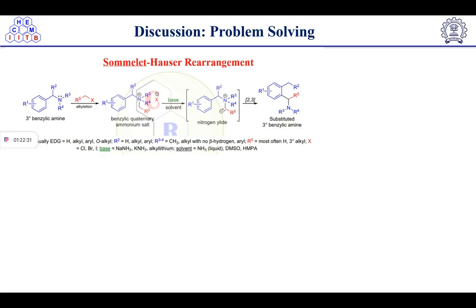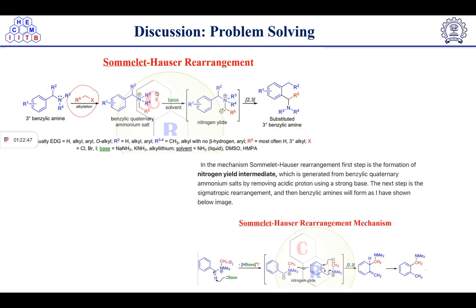Next, Sommelet-Hauser rearrangement. So here we have a tertiary benzylic amine, which undergoes alkylation with this haloalkane. Okay. So what's happening here? In this case, we can see this nitrogen lone pair is attacking this one, and this is knocked out.